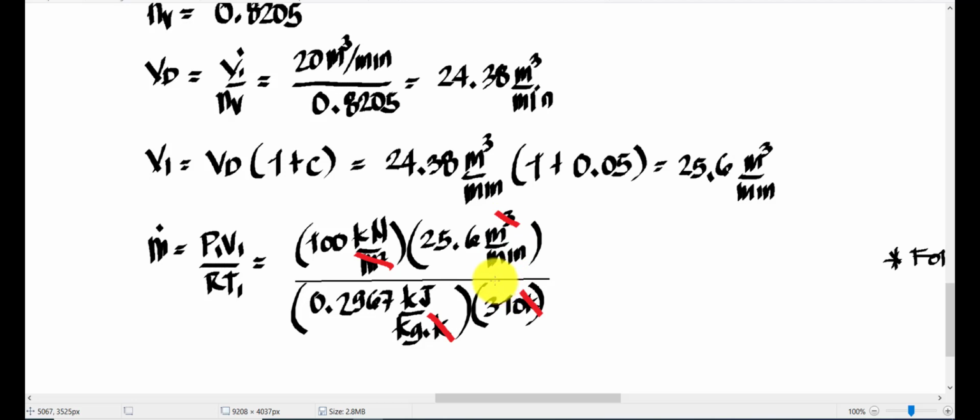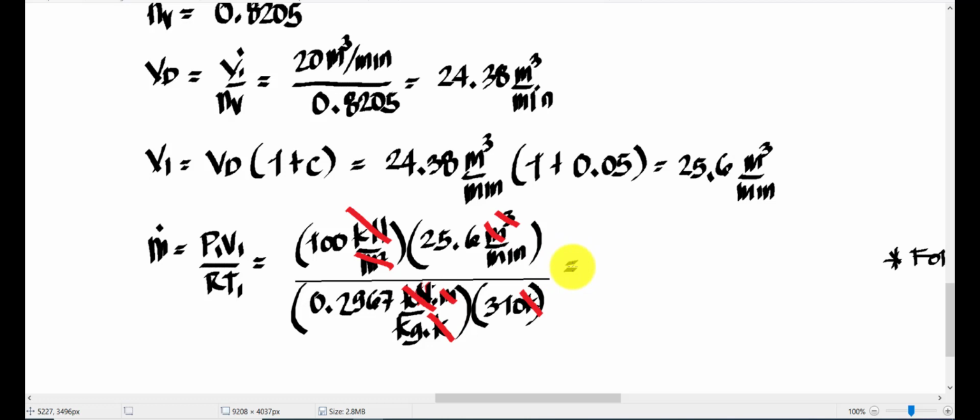Let's try to express this one in kilonewton meter. So I'm going to cancel now this kilonewton. Then we have meter here, so we have per minute. Okay, so we now have the units for the mass flow rate.